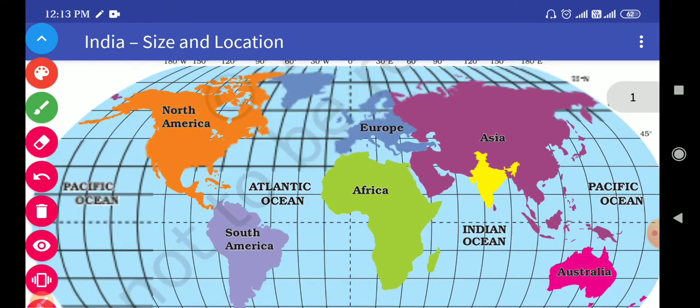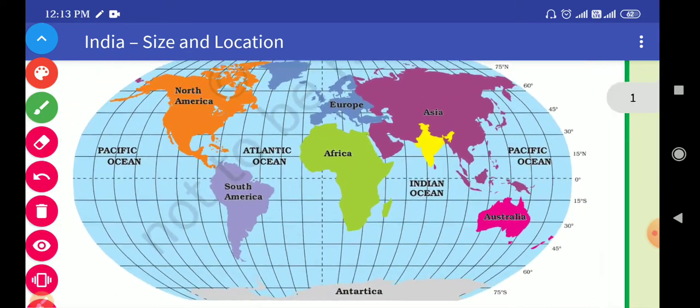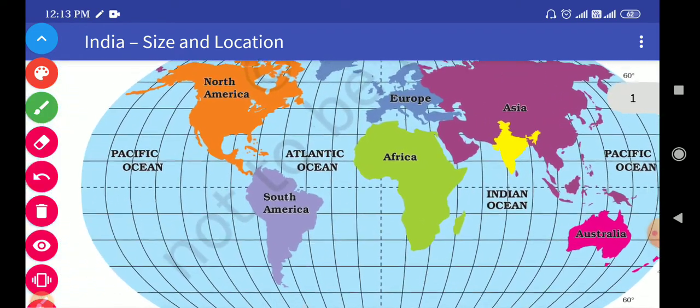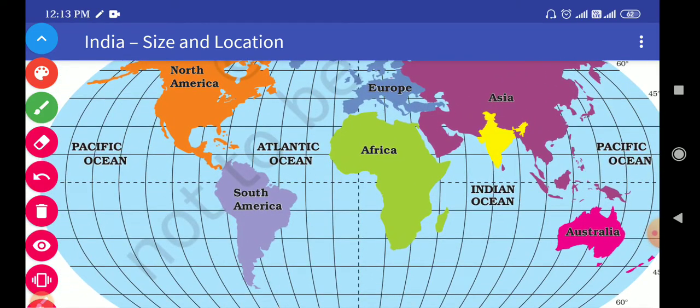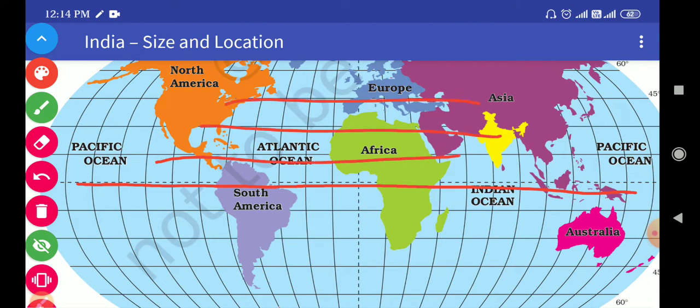Now you might be thinking, what are latitudes and longitudes? As you could see here, on this globe there are two sets of lines. Like I told you, this is the equator. Parallel to the equator, these are the lines which are called latitudes. In the same manner, here are the latitudes in the southern hemisphere.